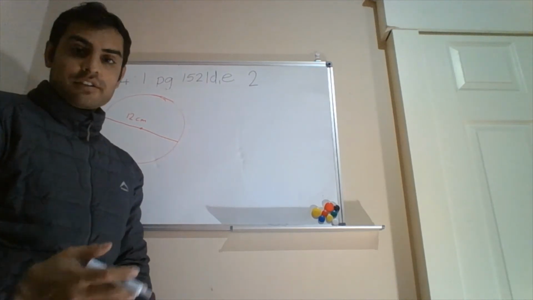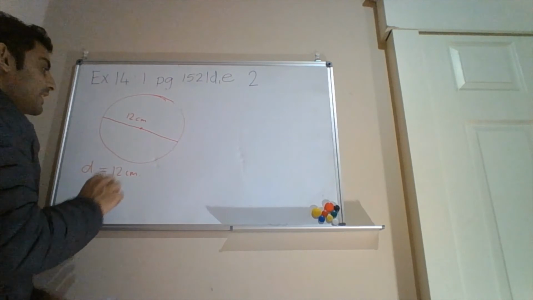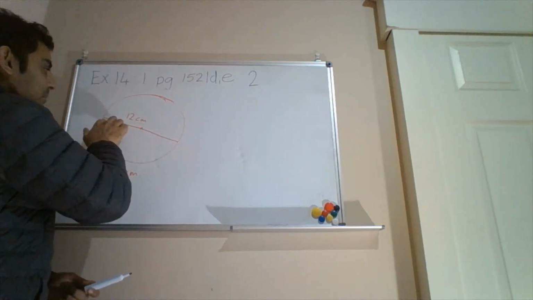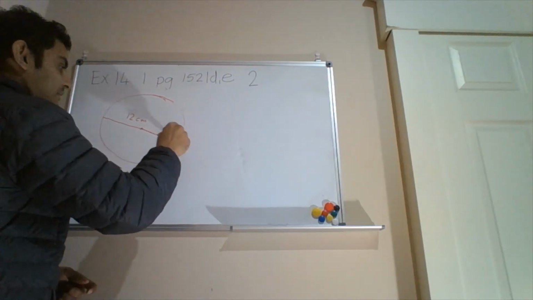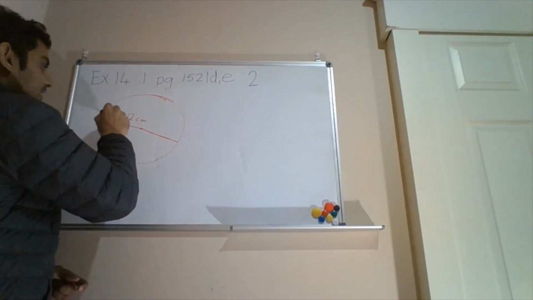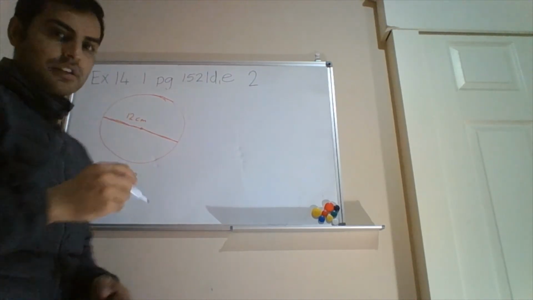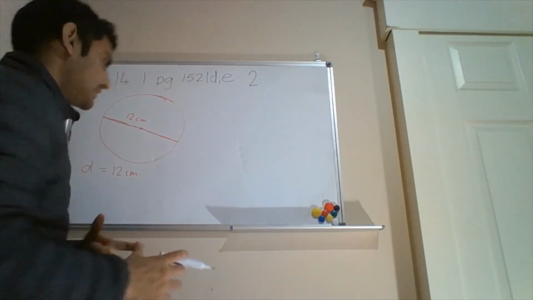How can we find the radius if we have the diameter? Well, if we look at it, the diameter is like a radius plus a radius. Okay? Remember, radius is the line from center to the side, and we have another radius going from the center to the side. So 2 radiuses make up the diameter.